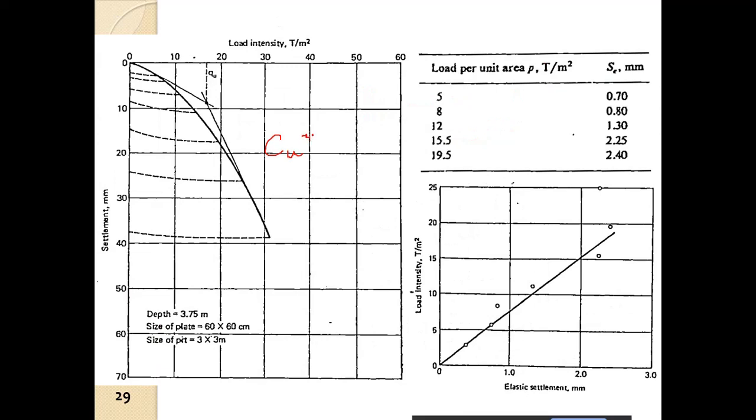Cu is equal to 7.6 kg per centimeter square for P of 15 ton per meter square. And we have to find out what is the elastic settlement as well at that point. So we have to find out what is the elastic strain.